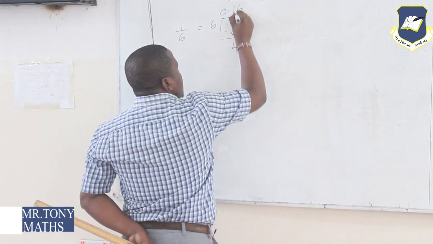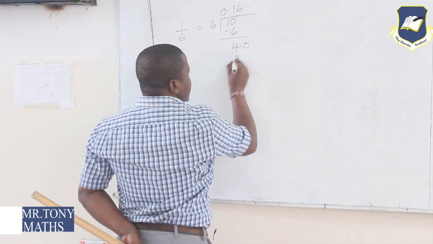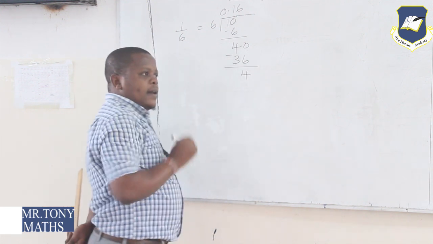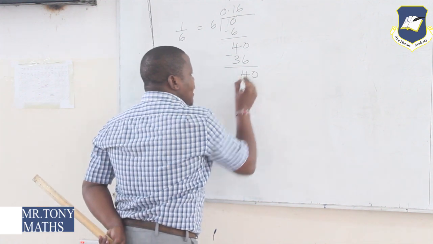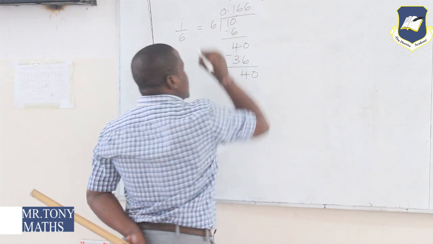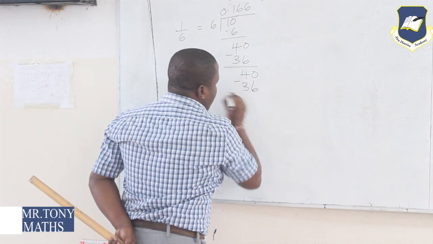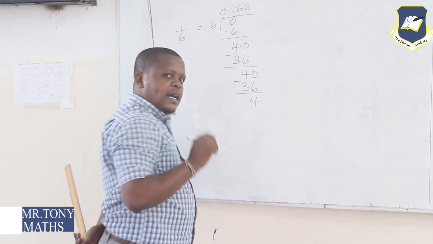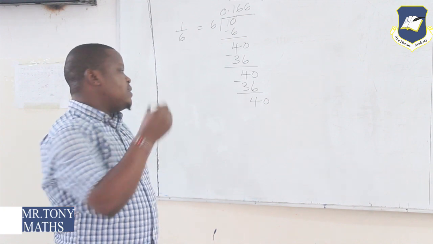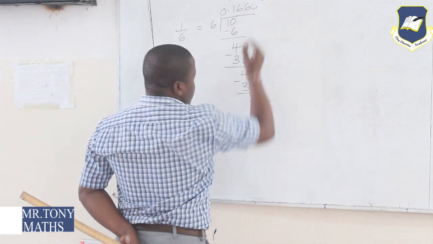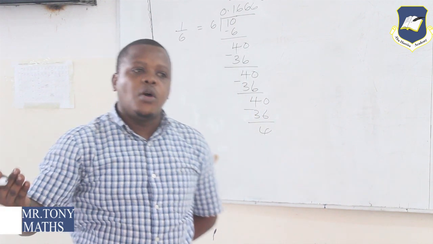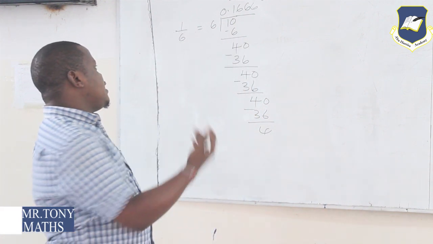That gives you 36, subtract, you get 4, add a 0 to make it 40, and again 6 goes into 40 6 times, that gives you 36, subtract, gives you 4. Again, add a 0 on the 4, that gives you 40, and 6 goes into 40 again 6 times. You keep on repeating the 6 on the upper part.